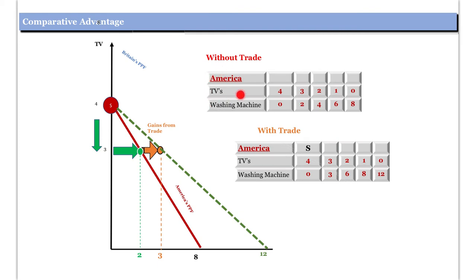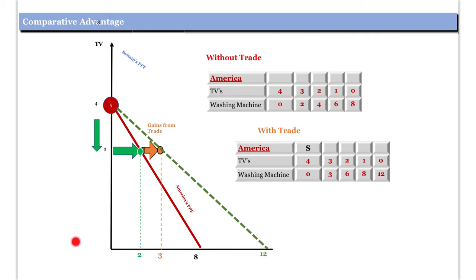Without trade, America starts with its 4 televisions and moves down their production possibility frontier. This is America's PPF, and so they would give up a television each time and they would gain 2 washing machines, so they would end up with 8. If, however, with trade and being able to trade 1 television for 3 washing machines, then giving up 1 is going to get them up to 12.